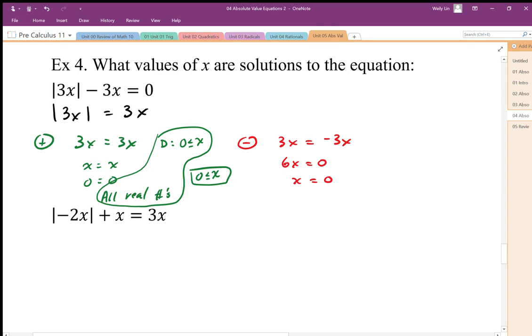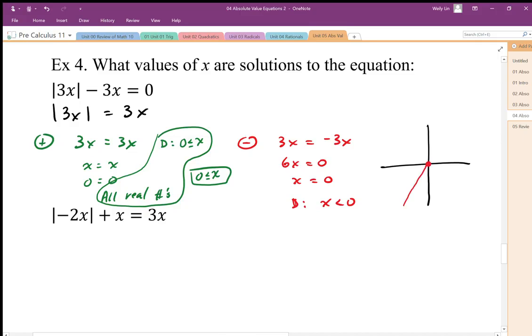So essentially, we get a kinked graph. When we look at the graph of this, it's going to look like this. I'm going to write the domain here. When x is less than 0, it will behave like the graph y equals 6x. So it's going to look like this.